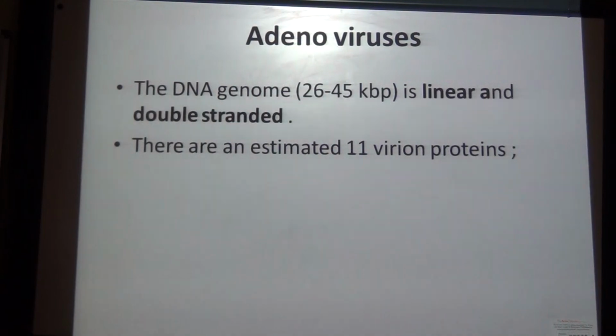The DNA of the virus is a double-stranded linear DNA, and the genome consists of 26 to 45 kilobase pairs. This is the size of the DNA of the virus. And the virus consists of an estimated 11 virion proteins.